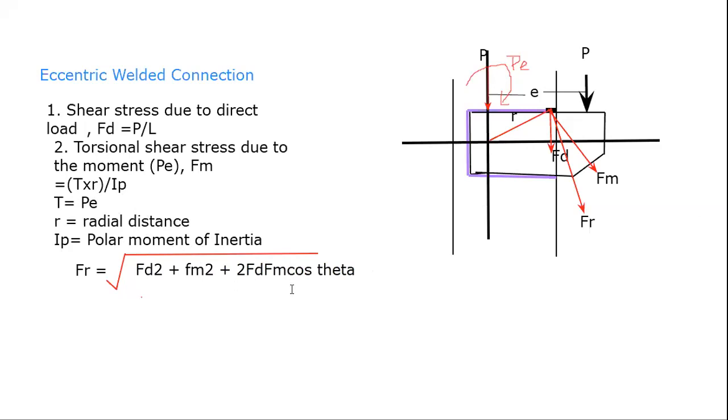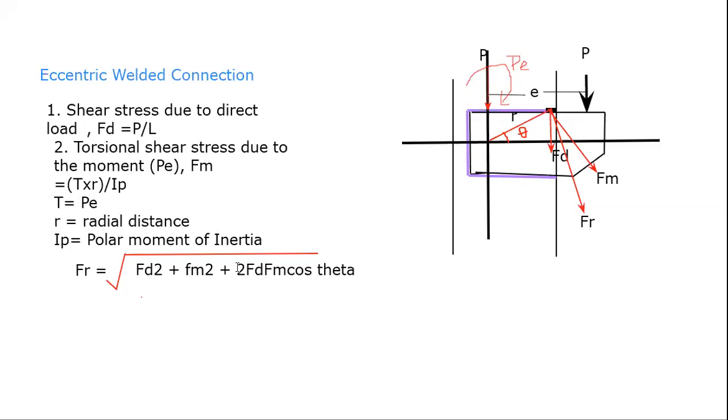So one unknown we have, that is this theta. How will you find out theta? Theta is nothing but the angle made by this radial direction with the horizontal. So this is my theta.